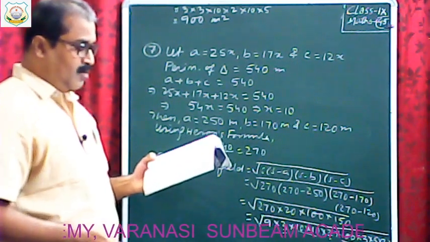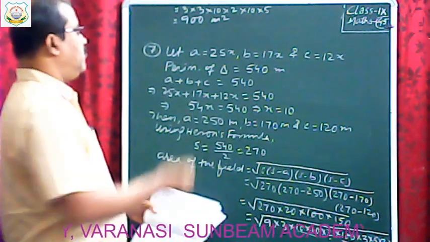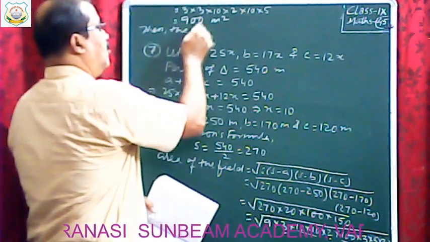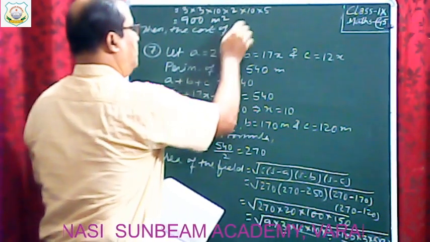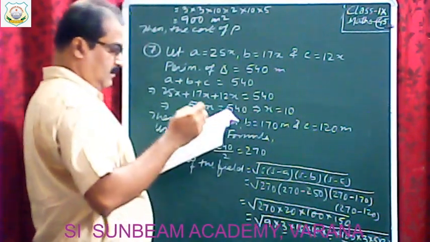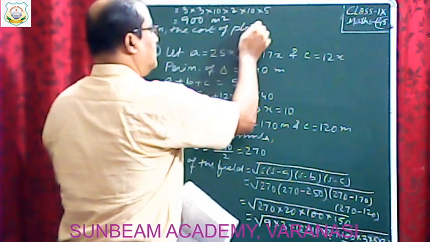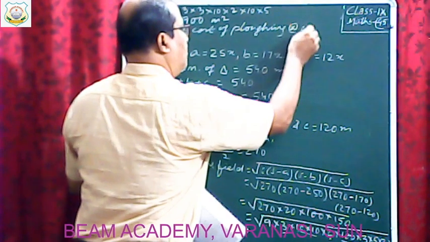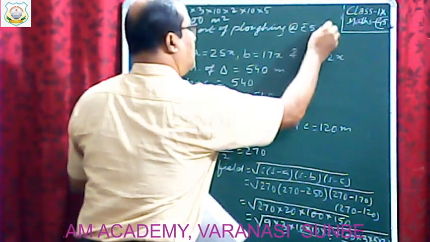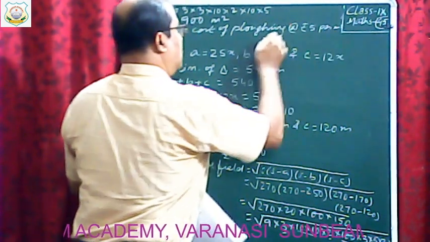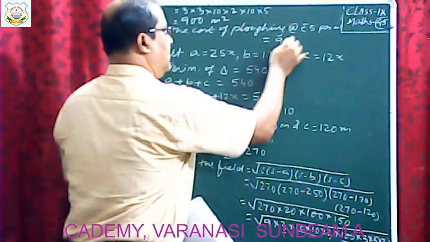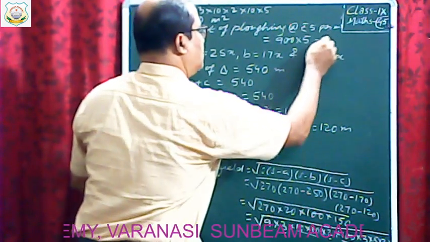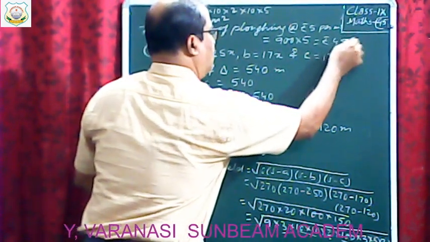And thereafter you have to find cost of ploughing at a rate of ₹5 per meter square. Then the cost of ploughing the field at the rate of ₹5 per meter square, that is equal to whatever you get area, that multiply by 5, you get ₹4500.